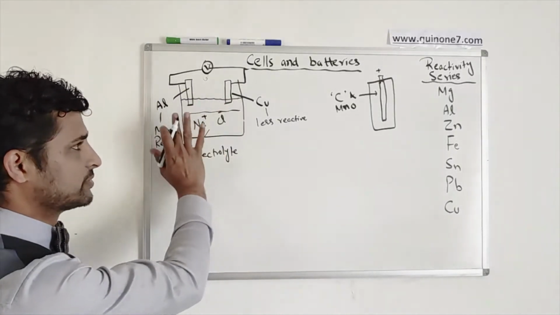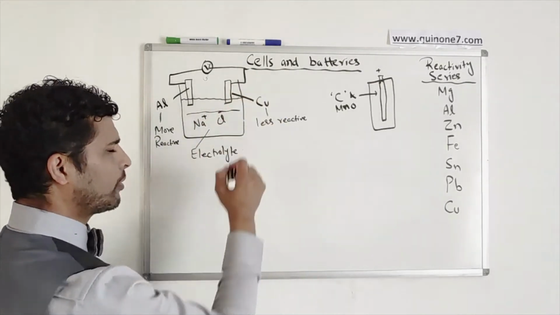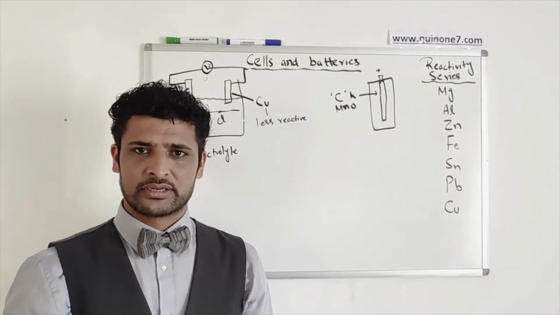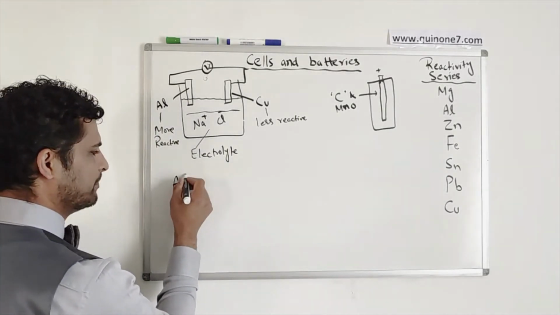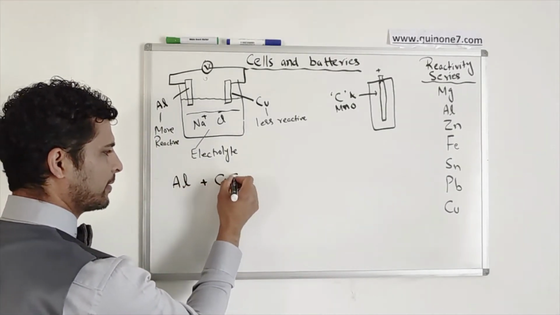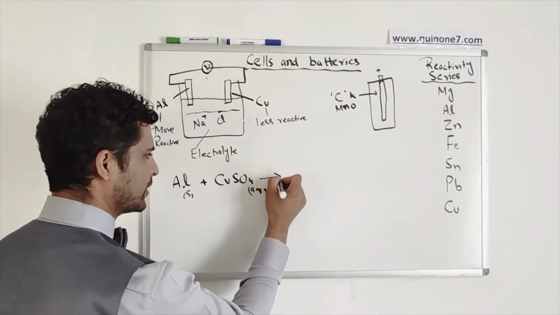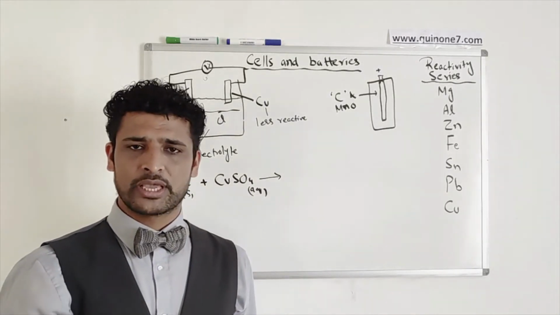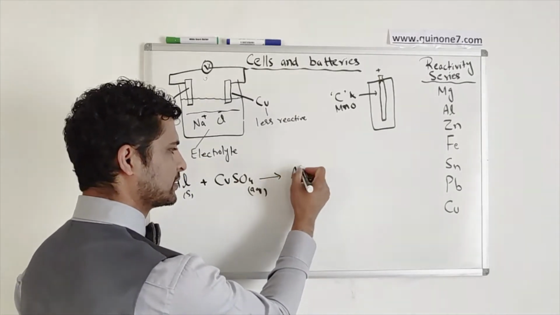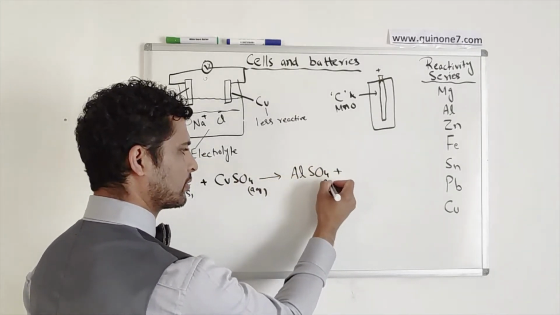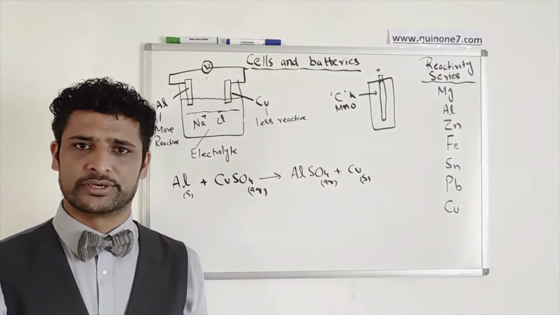When we look at this cell, when you have two different metals, for example aluminium and copper, they both have different reactivity. Reactivity means one is more powerful than the other. So if you have aluminium and you react it with an aqueous solution of copper sulfate, this metal, which is solid, the moment you react it with the copper sulfate aqueous solution, it is going to replace copper from its salt and produce solid copper.